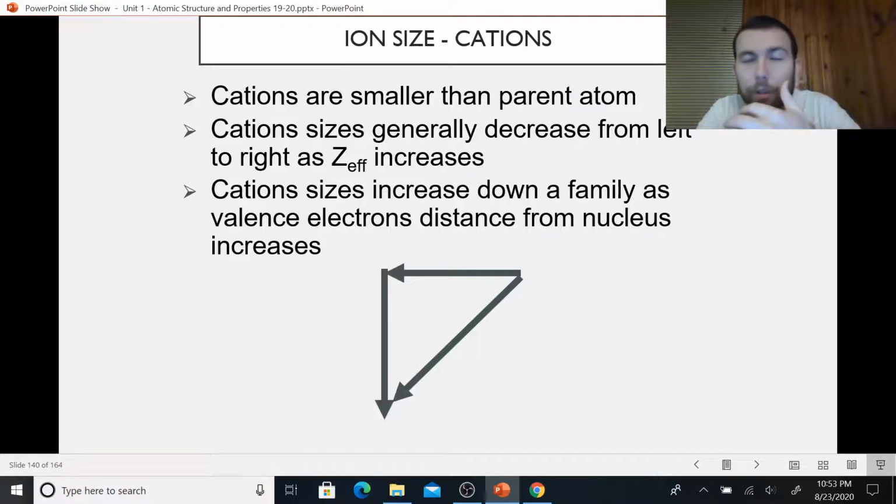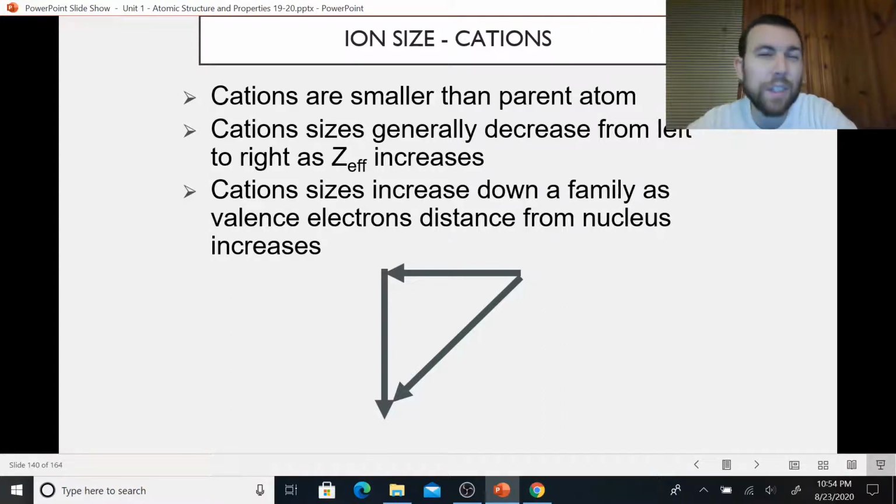Cations are smaller than their parent atom because the number of protons in the nucleus has stayed the same, but the number of electrons has changed. So we've essentially increased the effective nuclear charge, and the nucleus is able to pull more effectively, which makes it smaller. Cation sizes generally decrease from left to right as effective nuclear charge increases.